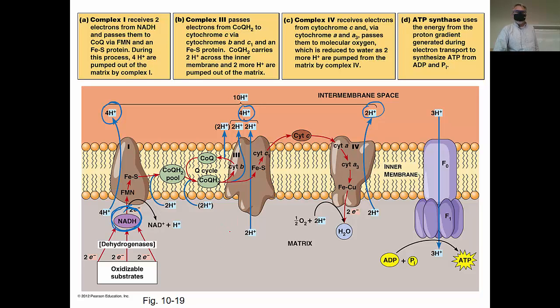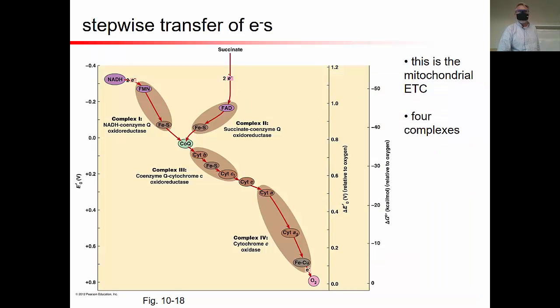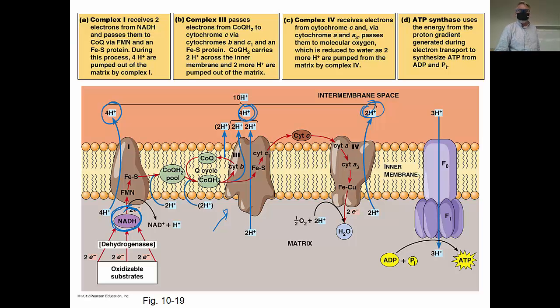FADH2, which isn't shown on here, feeds in here. And so for every FADH2, we move 6 protons. And that's shown here, feeding in here. So both of them join up at this coenzyme Q stage. So FADH2 can only move 6.